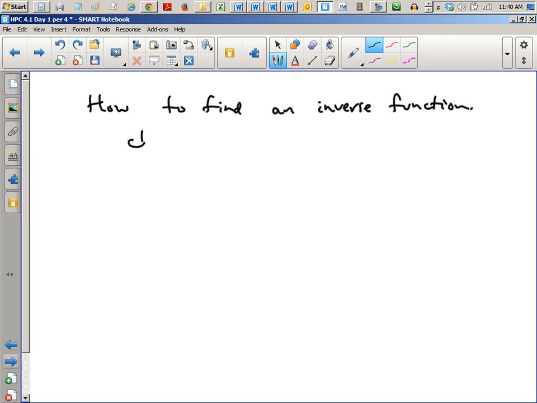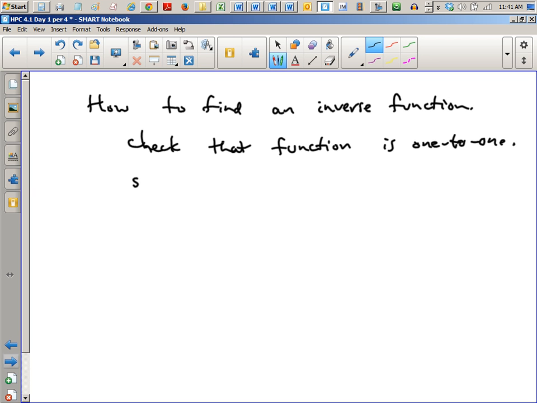So check that the function is 1 to 1. If someone says, here, find the inverse of y equals x squared, you should say, hold on, it's not going to be a function. You're giving me something that's not 1 to 1. If I'm going to find the inverse, just know this, it's not going to be a function. Okay? So that's something you need to know. Check that it's 1 to 1.